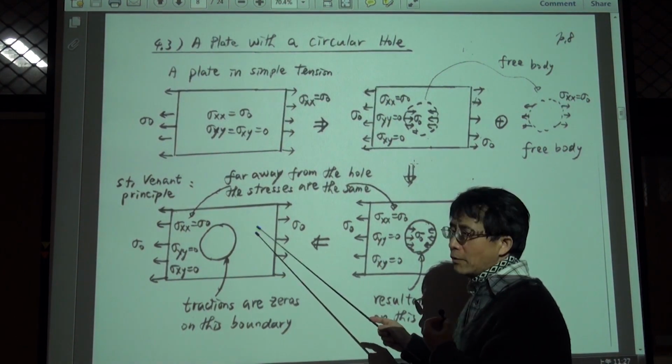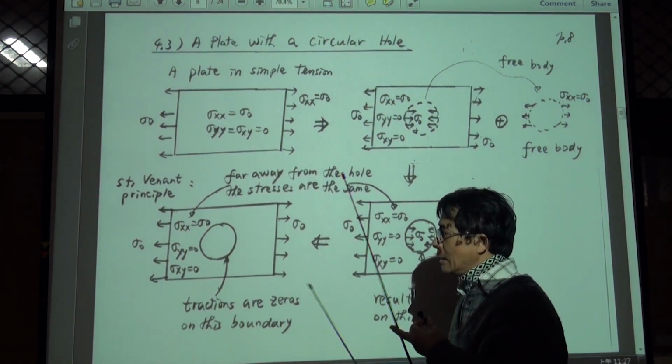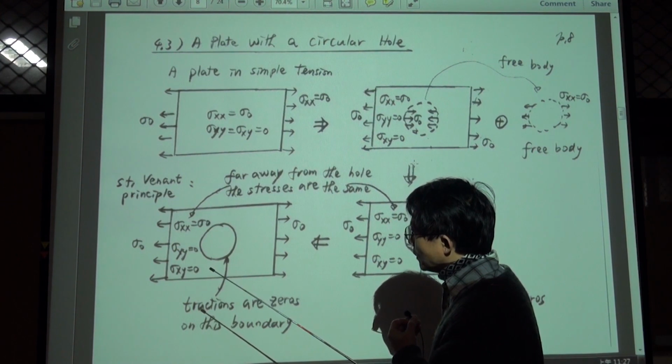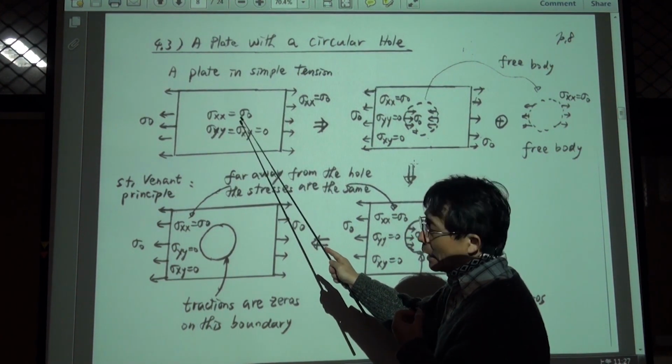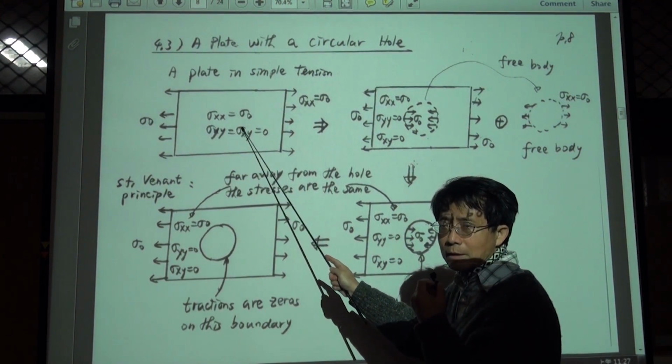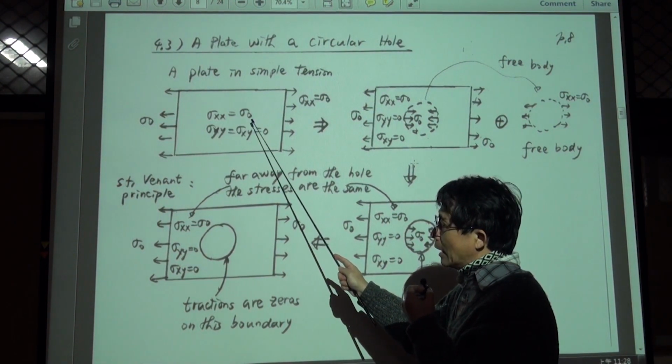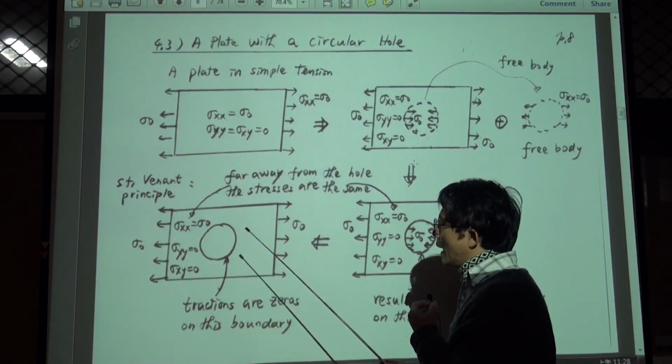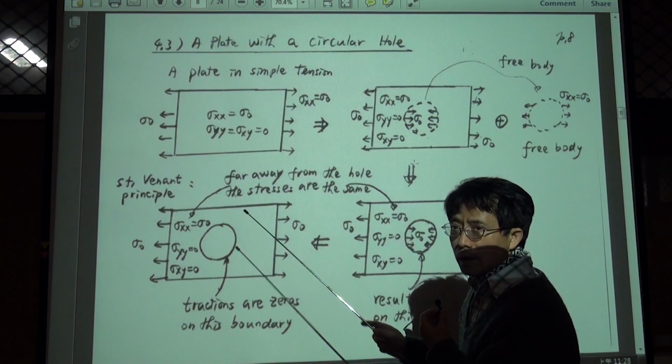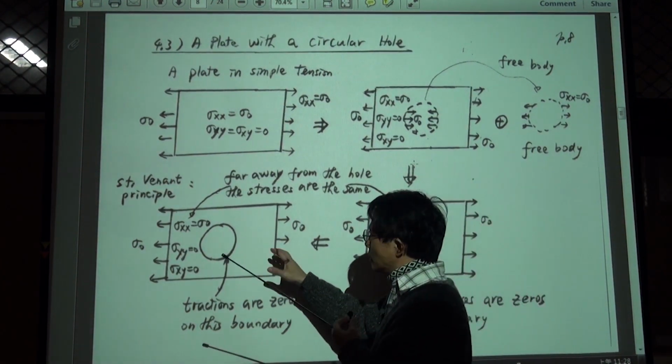In order to deal with this problem, I want to tell you that we should consider this simpler problem. It is a simpler problem. Okay, see, this problem is not one-dimensional.